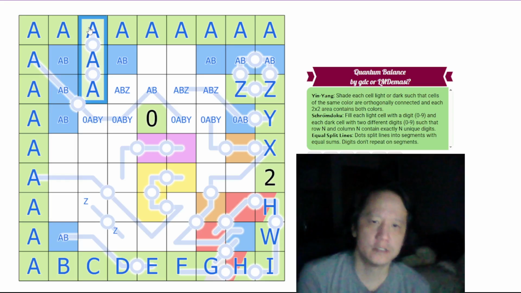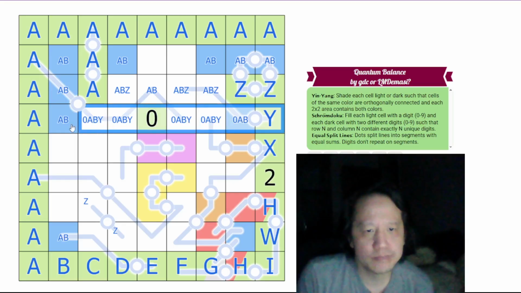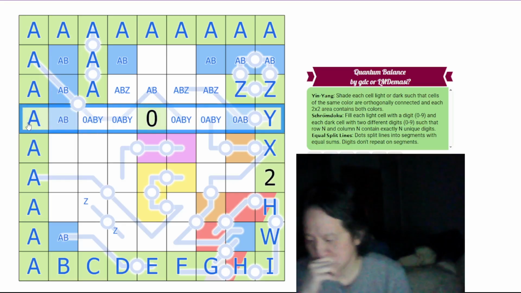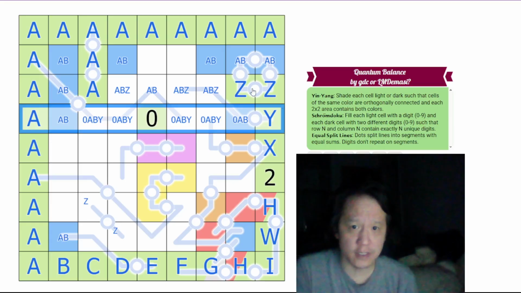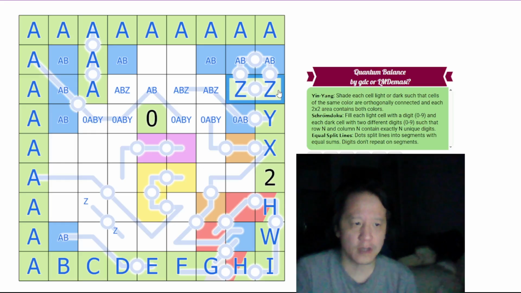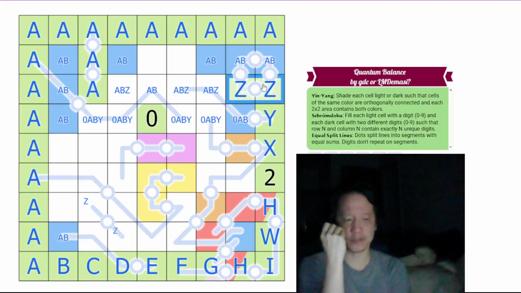Oh, but then we get kind of stuck, I guess. Y is a different digit than Z. So because these both have to be, we are also making the assumption this is green, green. I don't know if we want to make that assumption, but we're going to do that.